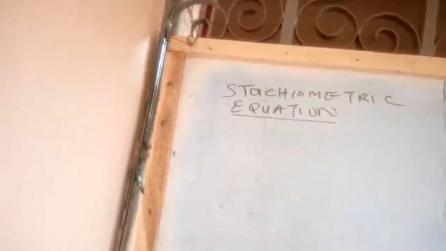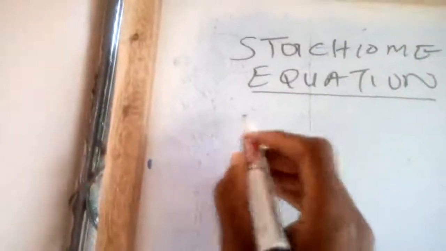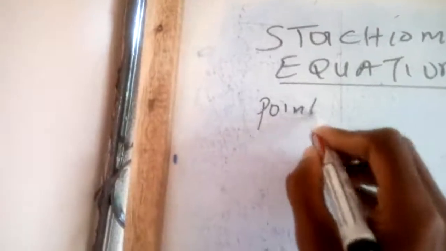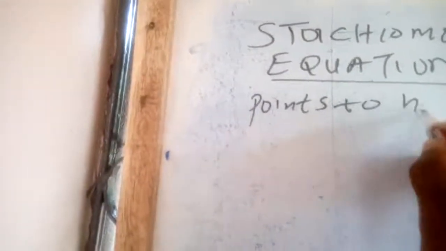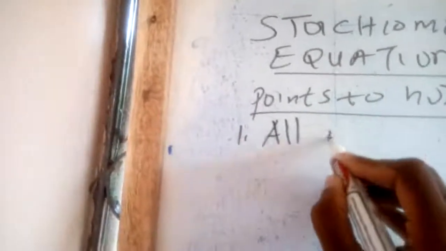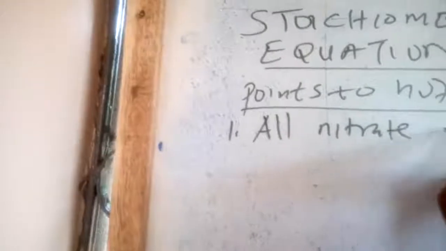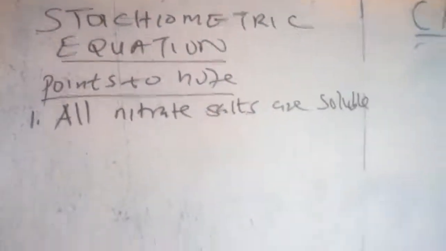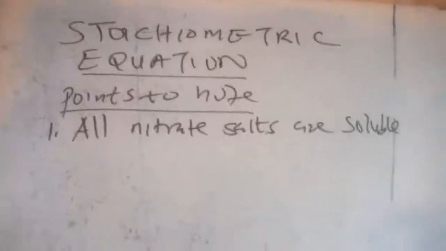So the points to remember, or points to note. The point number 1 is that all nitrate salts are soluble.